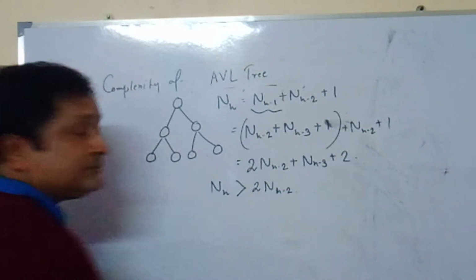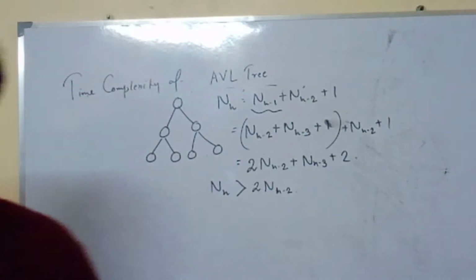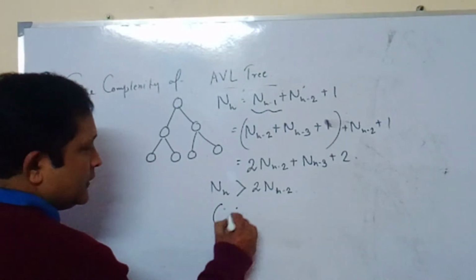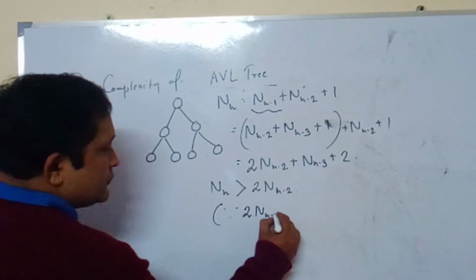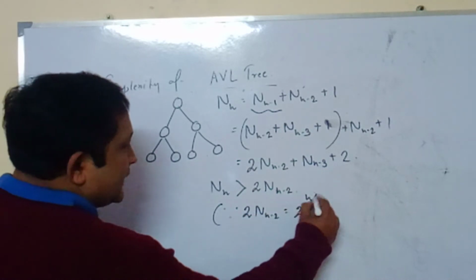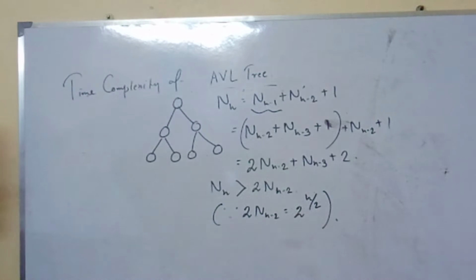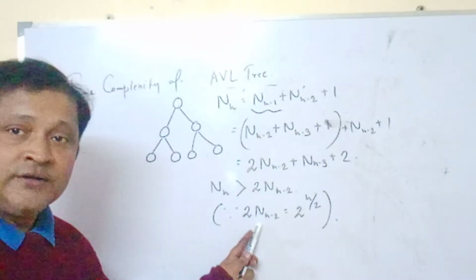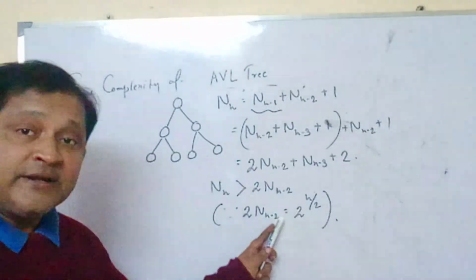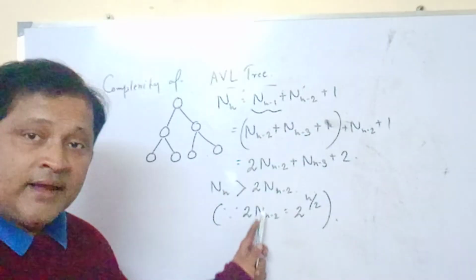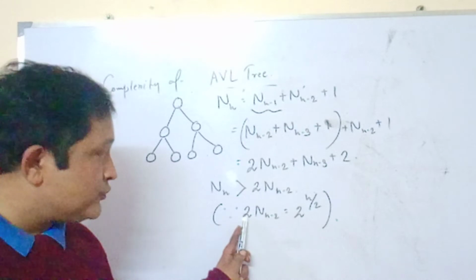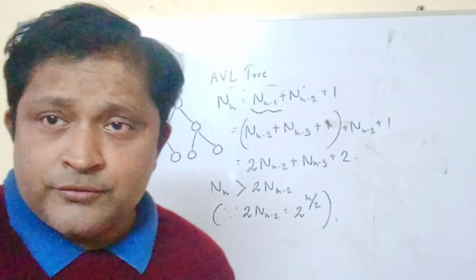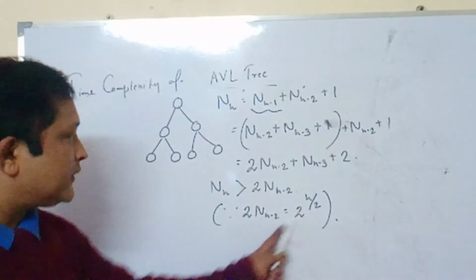And as per the rule of the binary tree, we know that 2 into n h minus 2, the number of nodes at the h minus 2th height multiplied by 2, is equal to 2 to the power of h divided by 2, where h is the height and n is the number of nodes. So this is true for the binary tree.